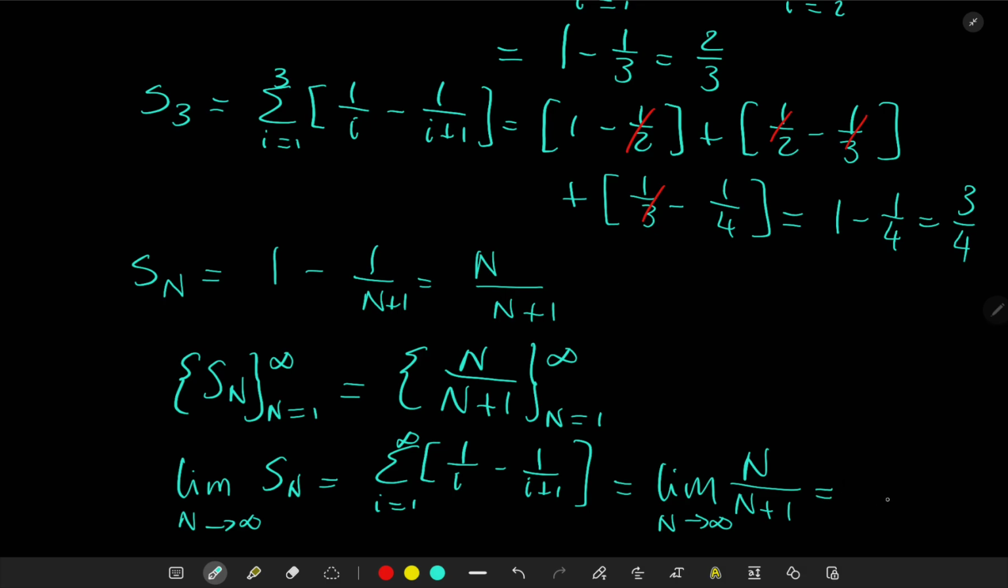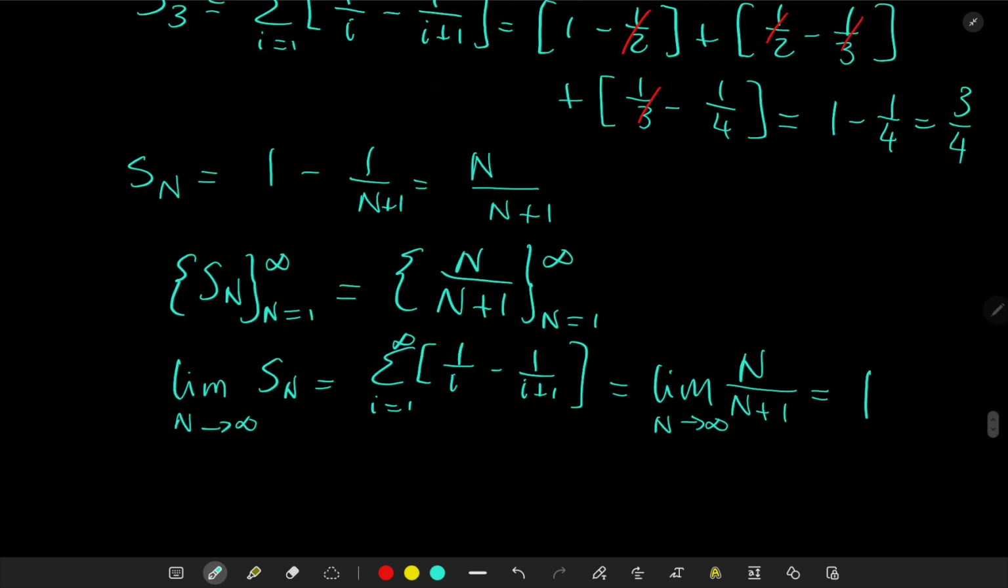So you take the ratio of the coefficients and you just get that this is 1. Also, you could have taken the limit from the expression 1 minus 1 over n plus 1 and seen that this goes to 1. All right, so that tells us that this sum from i equals 1 to infinity of this telescoping term, 1 over i minus 1 over i plus 1, converges, and it converges to the value of 1.